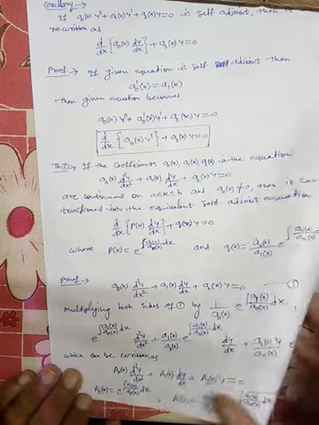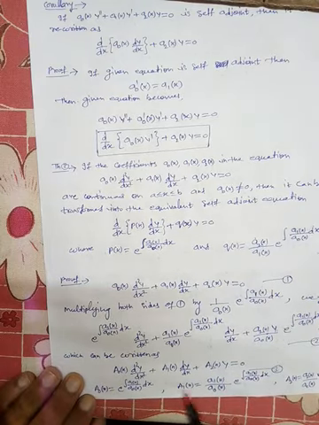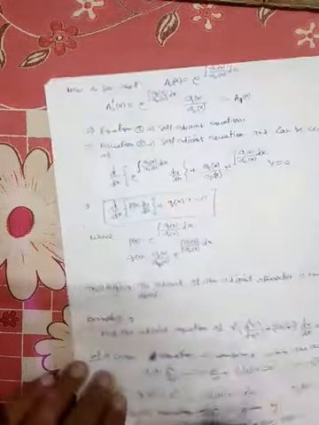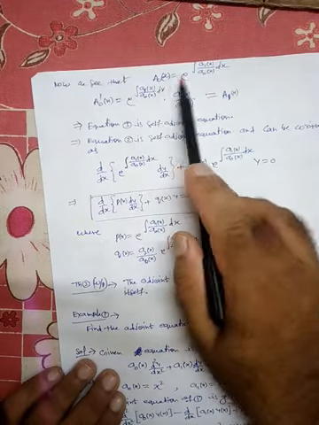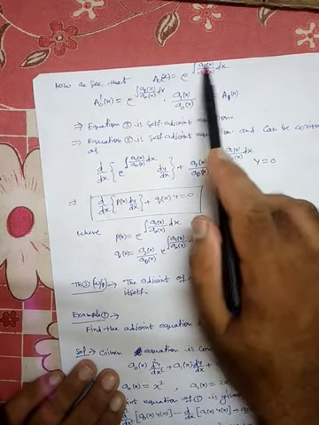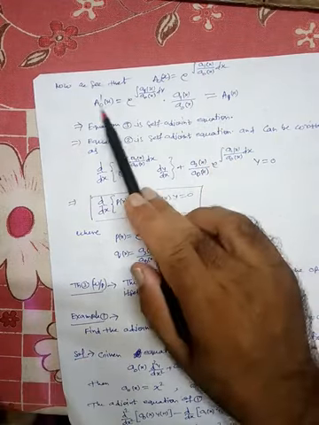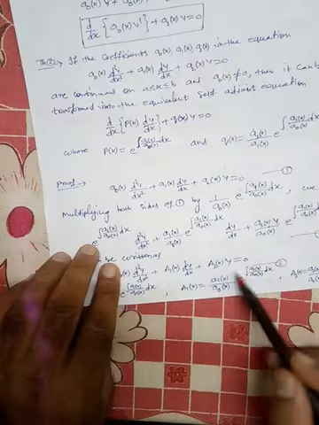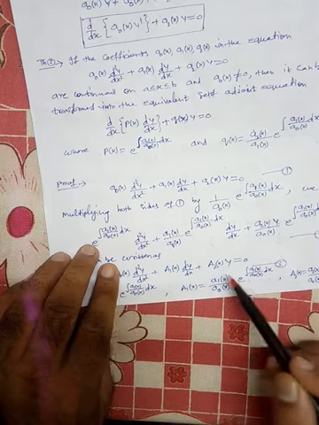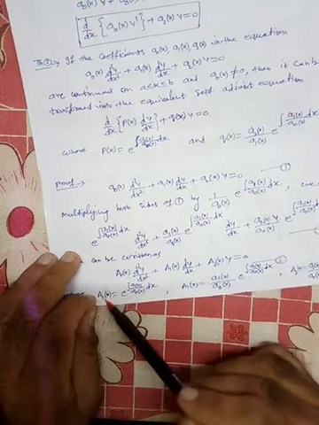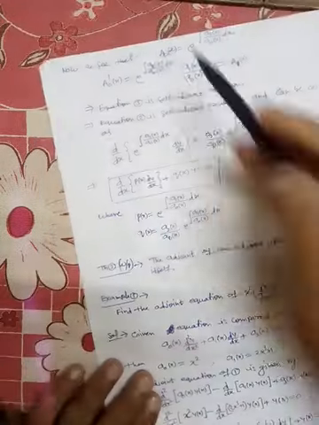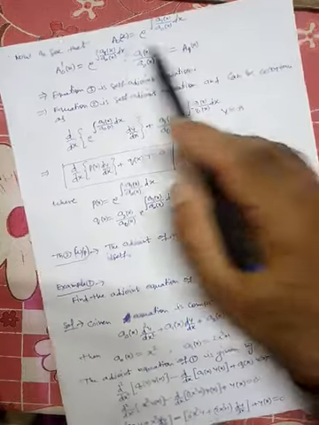If this holds, then this equation will be self-adjoint. So let's see, a naught is this, a1 is this. So now we will verify the condition. So a naught is this, e raised to the power integral of a1/a naught dx. Now a naught dash, differentiate this. Differentiate a naught with respect to x.